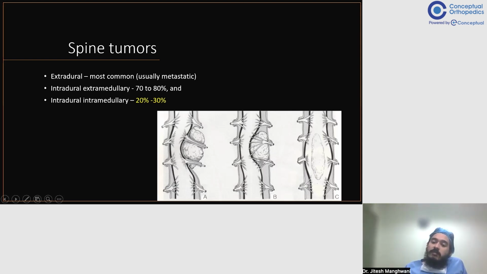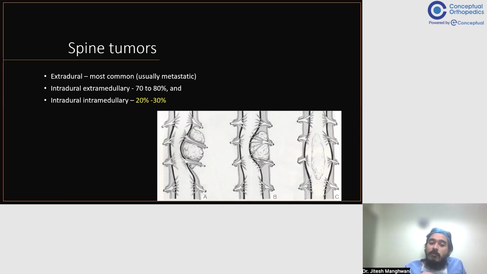And if ever it is present such that it is a part and parcel of the elements of the spinal cord, being inside the spinal cord, that is intramedullary. So the tumor that is present as a space occupying lesion but outside the cord elements, that is intradural extramedullary, and the one that is present inside the spinal cord engulfing the elements, that is intradural intramedullary.